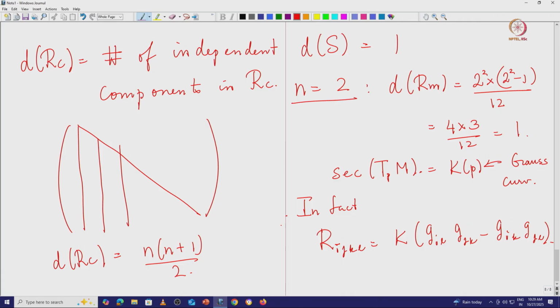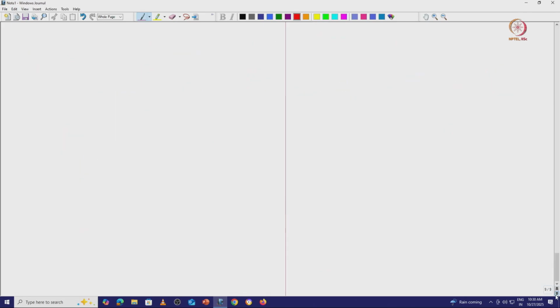And then in this case the Ricci curvature can be computed as just k times g_ij, and the scalar curvature can be computed as 2 times k, okay. So basically this one number, the Gauss curvature, determines all the other curvature tensors. Now let us consider n equals 3.